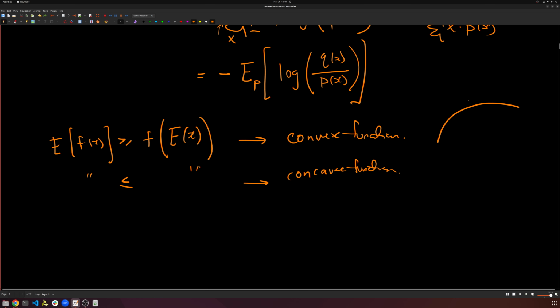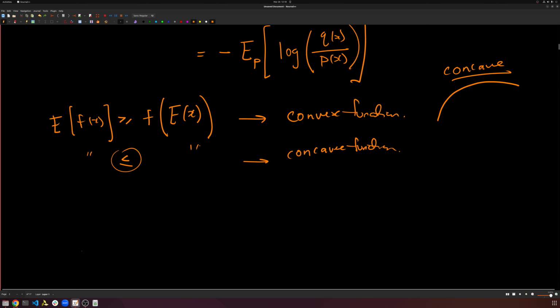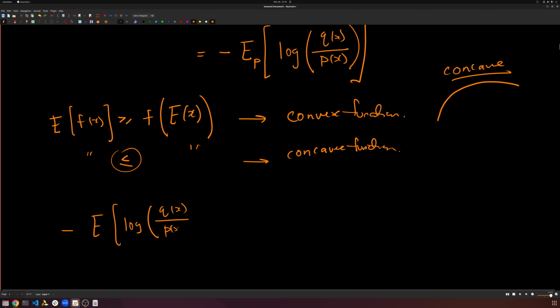And so this is a concave function. Log is a concave function, which means we will be using the less than or equal to. So let's write it. The negative expectation of log of Q(x) over P(x) is going to be less than or equal to negative log, right?